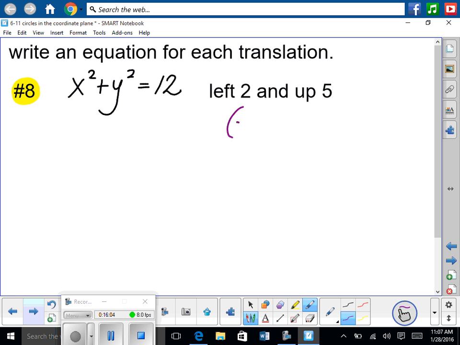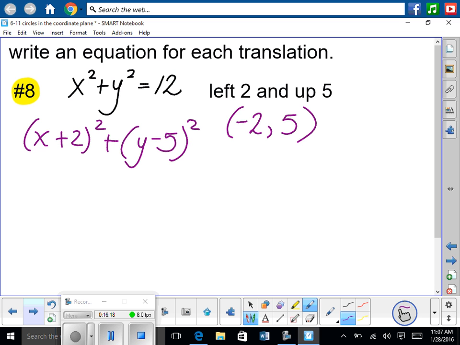So that would be negative 2, comma, positive 5. So added with x will be x opposite, so plus 2 squared plus y, you go opposite, so minus 5 squared is equal to 12. There's our answer. So pretty basic, right guys? Right. Okay.